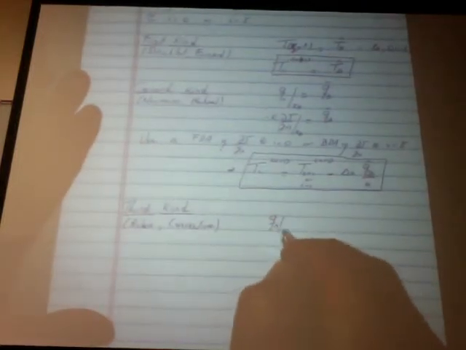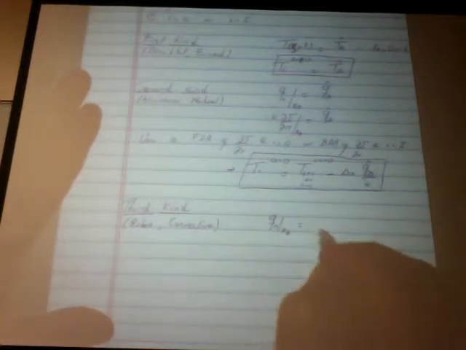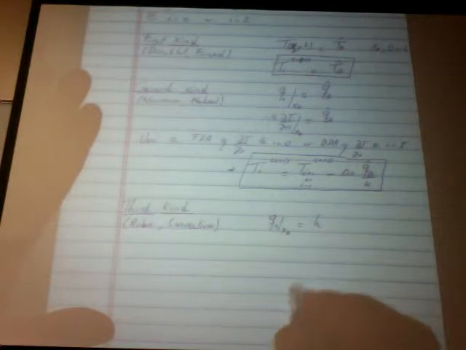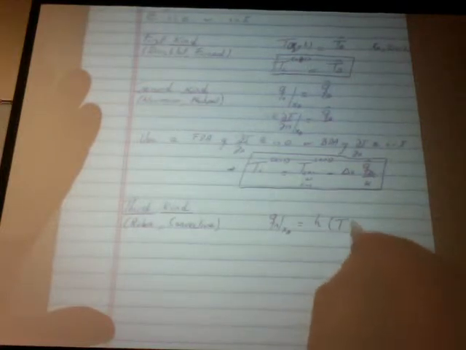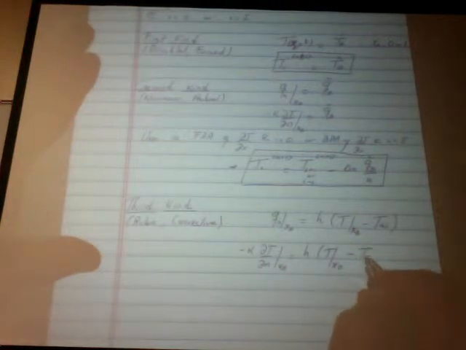And this basically says that q on the boundary, whichever side of the boundary, is equal to some film coefficient h times T on the boundary minus some T infinity. So that means that minus k dT/dn on the boundary is equal to h times T along the boundary minus T infinity.